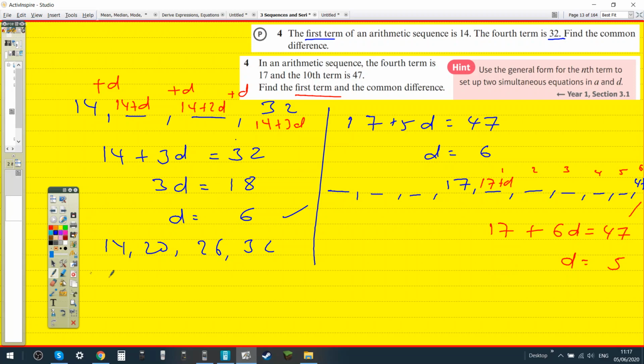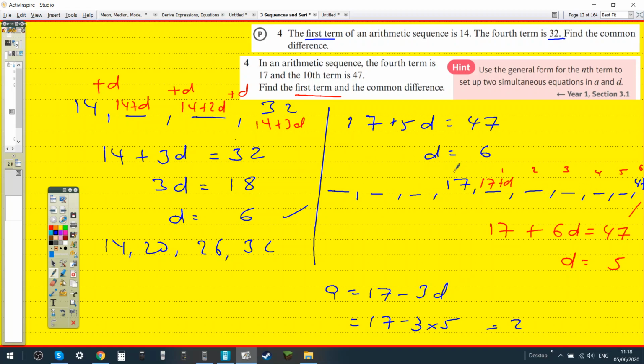Would the first term be 17 minus 3D? Yep. So that would be 2. We could probably make a formula for this, but I just find it easier to write it out.